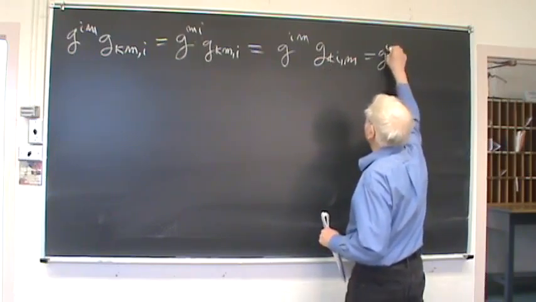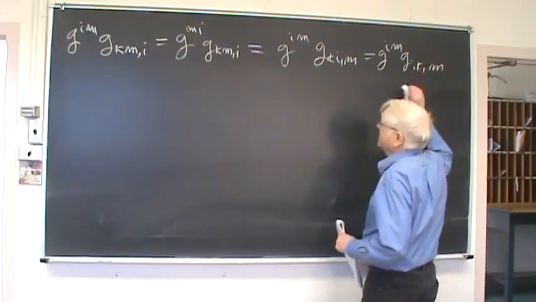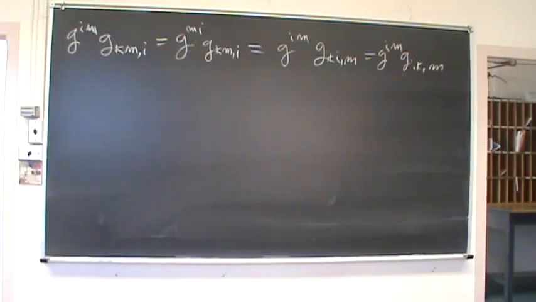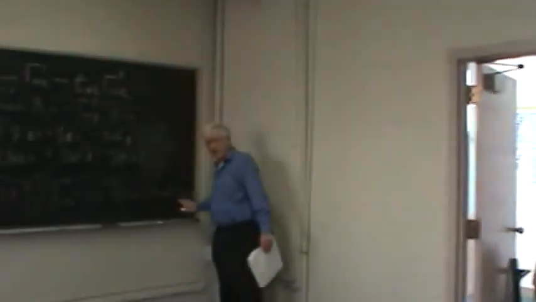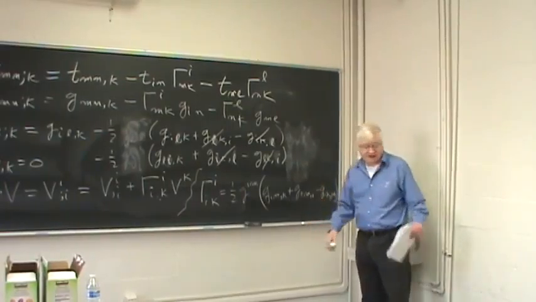So this is G^{IM} G_{IK,M}. So this and that are the two terms that occur here multiplied by G^{IM} with opposite signs, so they cancel.